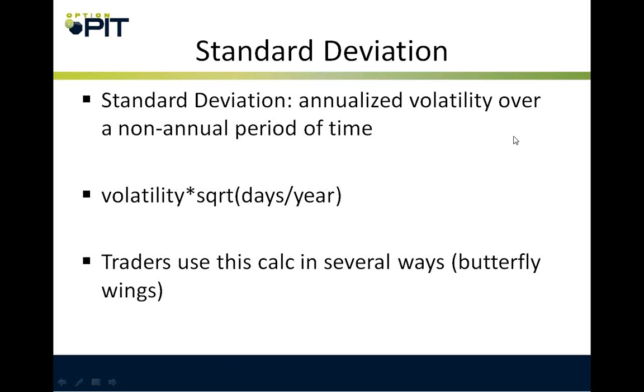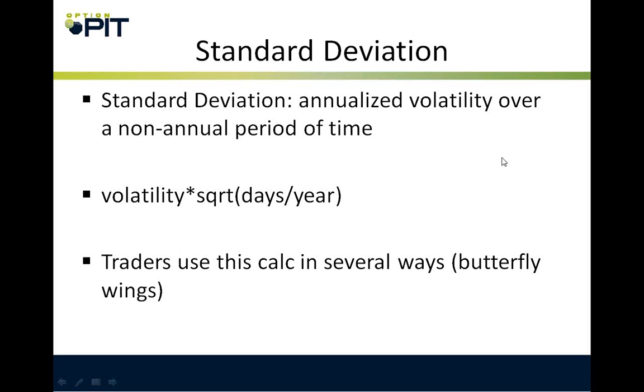Answering it right now. In time periods where it's within a week, I use 255. So if I want to know 1-day volatility, or 3-day volatility within a week. Now, if I'm using anything that involves a weekend, I use the 365 number.